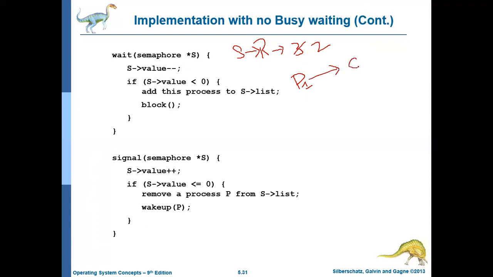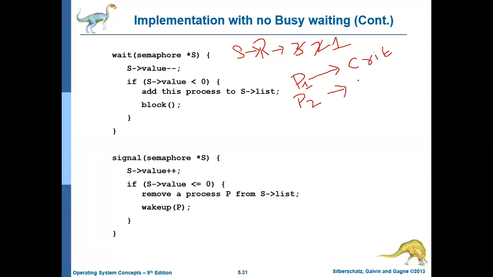So this may be a printer, which means you have 3 copies of the printer available. The first copy of the printer is given to process P1, which is using it. Then process P2 comes. It also calls the wait function and decrements the semaphore, so S now becomes 1.